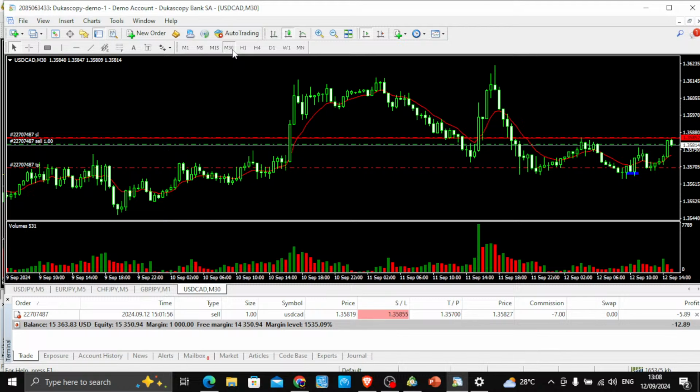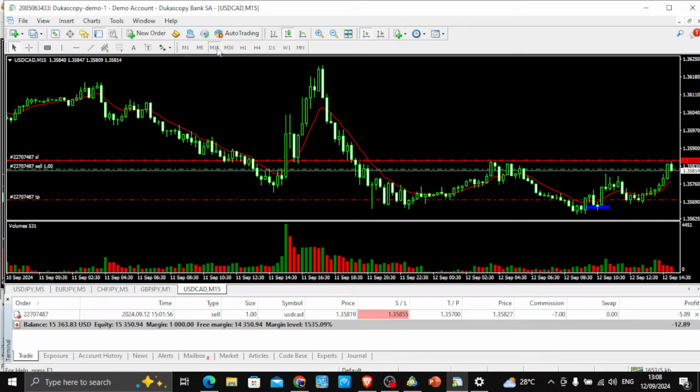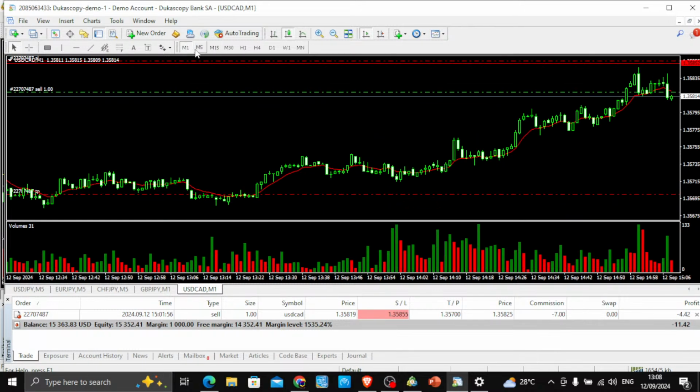If you check 30 minutes, it's the same bearishness. 15 minutes, the same bearishness. So with the 1 hour, we can now enter in the direction of those shorter time frames. So that's how to do it.